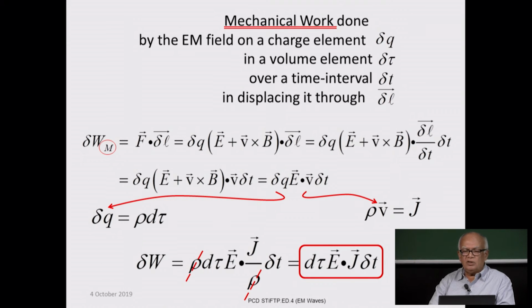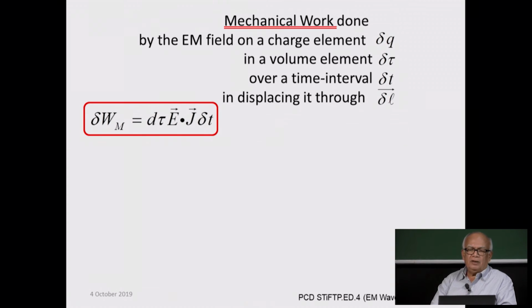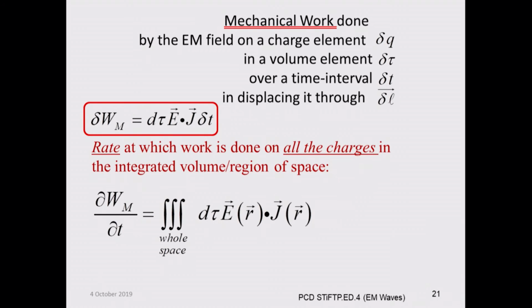And the two rho's cancel, and delta W is equal to delta tau E dot J delta T. Don't forget the delta T on the right hand side, because if you divide both sides by delta T and then take the limit delta T going to 0, you get the rate at which work is done, del W by del T. Okay? So, this is delta W, and the rate at which work is done is given by del W by del T equals the volume integral of E dot J.